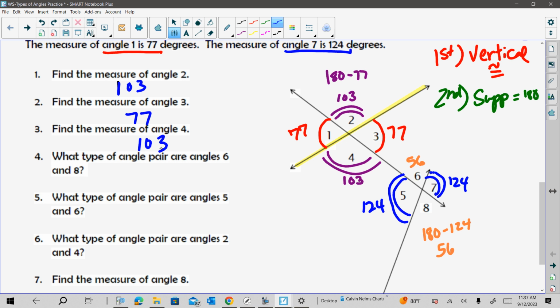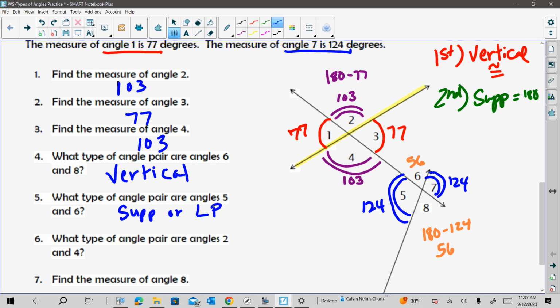What type of angles are 6 and 8? Yep, they are vertical. What type of angles are 6 and 5? They are adjacent. You can say supplementary, or you can say linear pair. Because we want the relationship. They have a sum of 180. So when you give me the type, I want to know their sum.